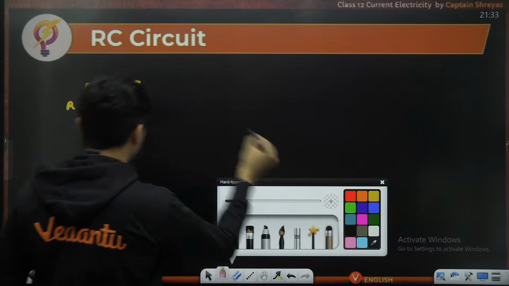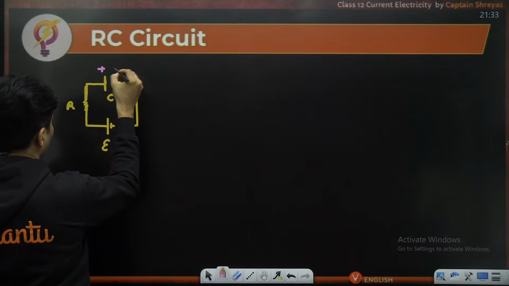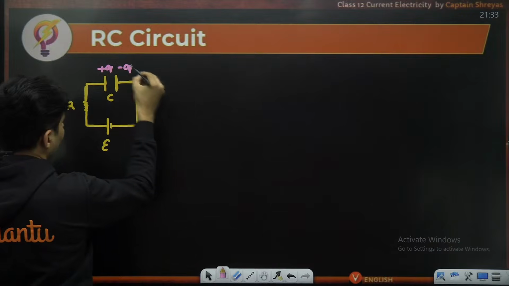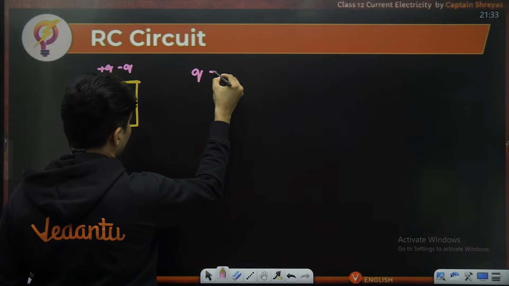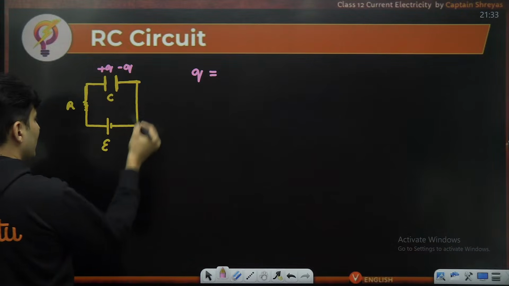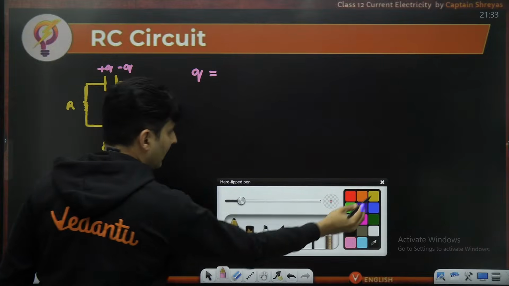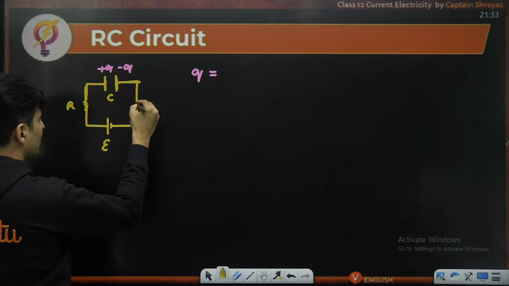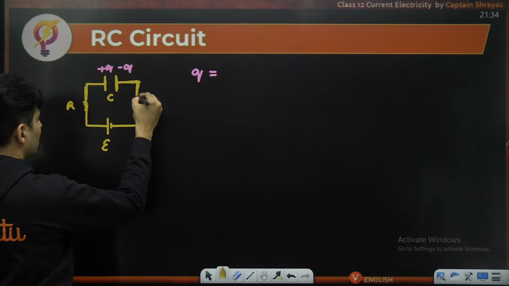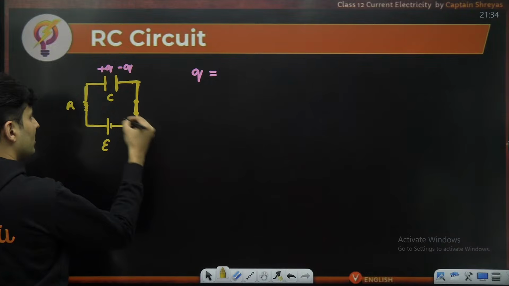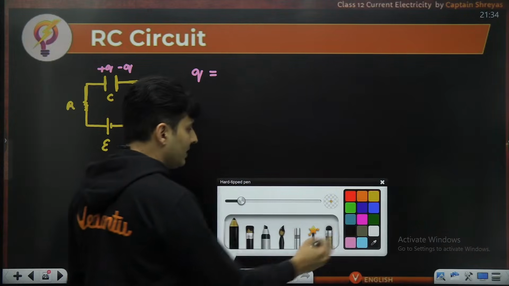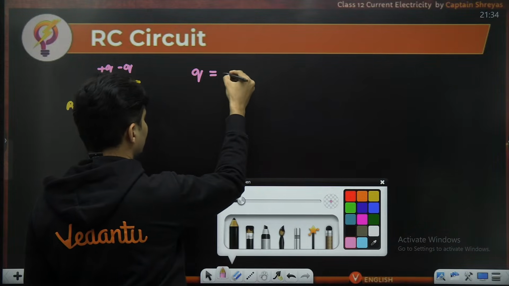The charge on the capacitor, usually when you just connect this kind of a circuit, maybe there was a switch which was open and you just closed that switch, usually grows like this.